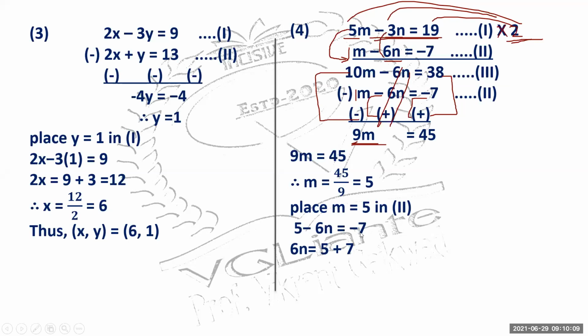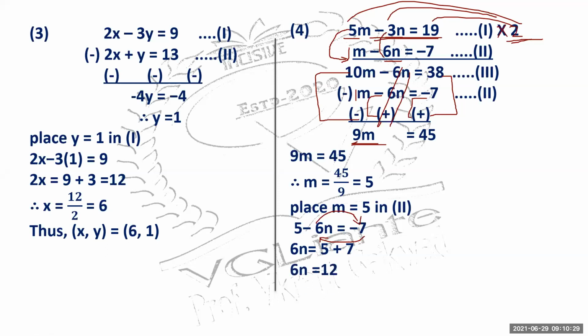So 6n equals to 5 plus 7. Check, I've changed the position of minus 6n to the other side to make it positive, and minus 7, when it comes to the other side, becomes positive. So 6n equals to 12.